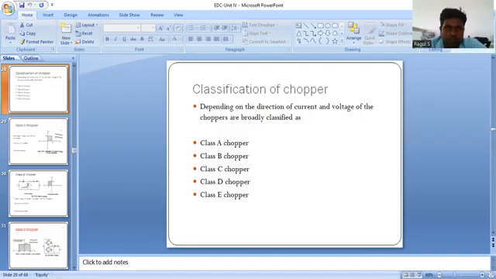In these choppers, some control modes are available: power control, regenerative brake control, rheostatic brake control, and combined regenerative and rheostatic brake control. Different control modes are available. Depending upon the applications, we select suitable choppers and choose specific control modes for those applications.